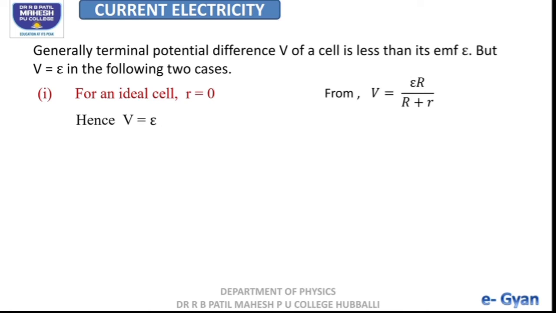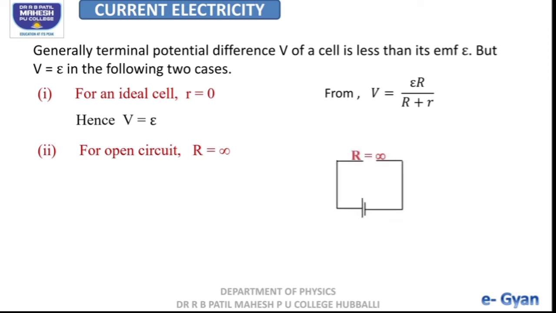Potential difference is equal to EMF of the cell when internal resistance of a cell is equal to 0. Now second case, for open circuit, external resistance is equal to infinity. That means there is no flow of current in an external circuit. When will current not flow? When external resistance is equal to infinity.